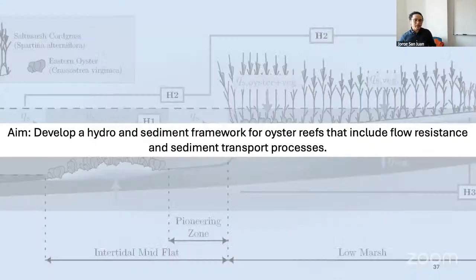So our aim at the end is to develop this hydro-sediment framework for oyster reefs that could be implemented in models that can capture the flow resistance as it's distributed in space, but at the same time, the sediment transport processes changing in space.